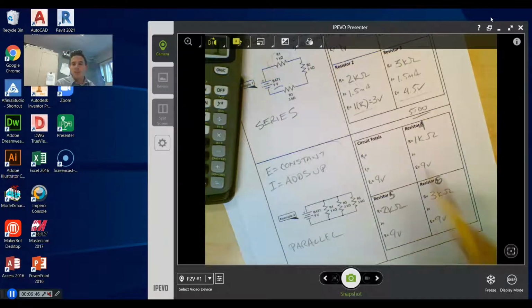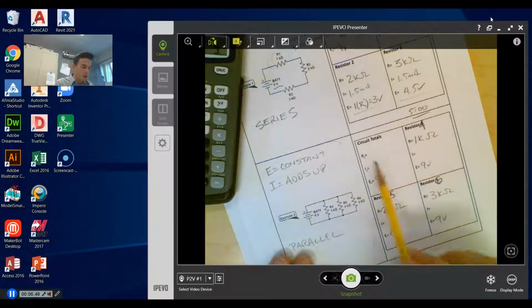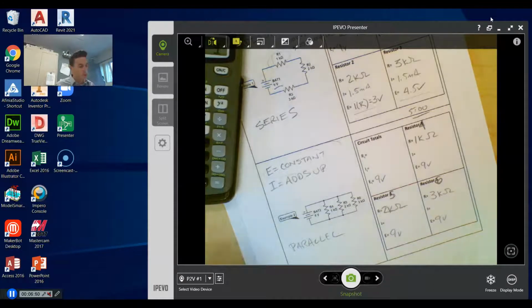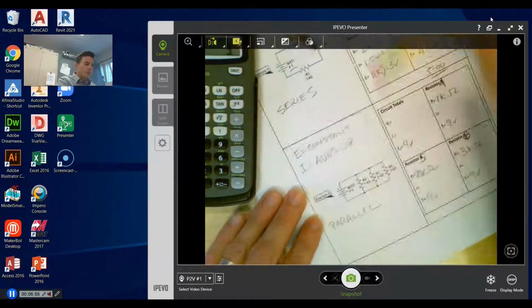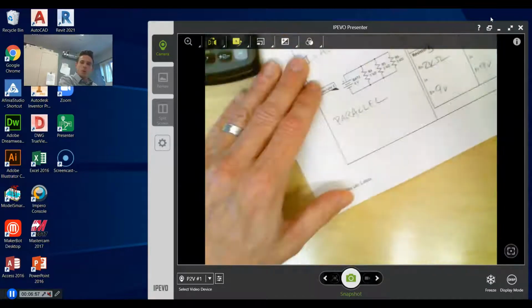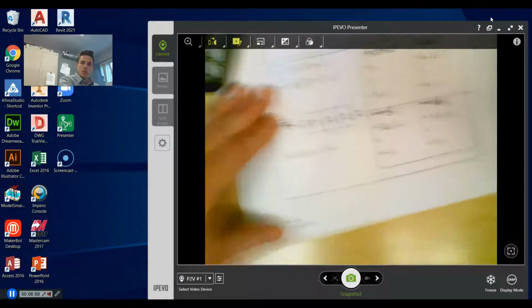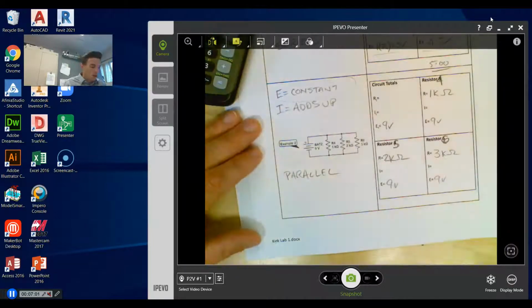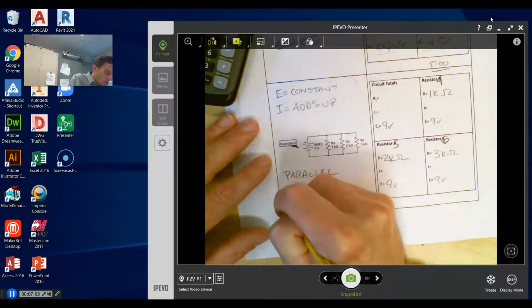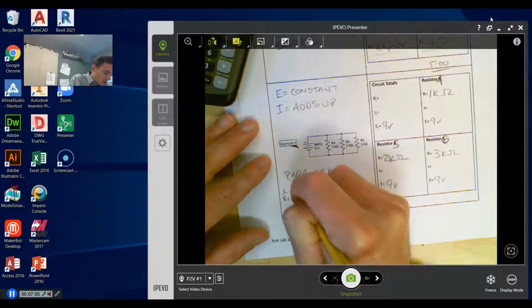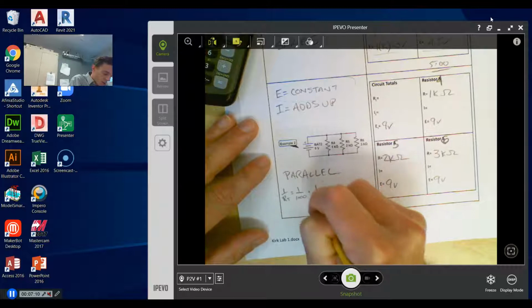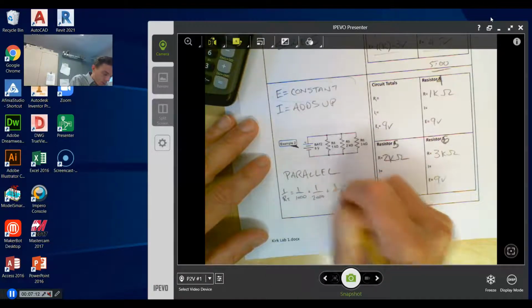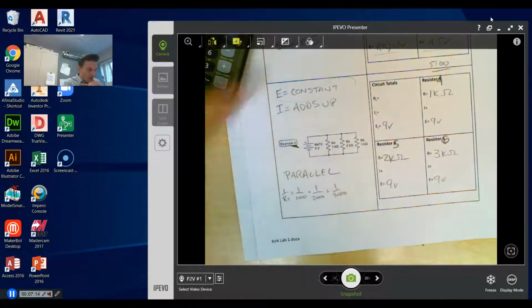Technically, we can already solve for I for each one of these, but we're going to come up with our circuit totals first. The resistance total in parallel: 1 over resistance total is equal to 1 over 1,000 plus 1 over 2,000 plus 1 over 3,000.